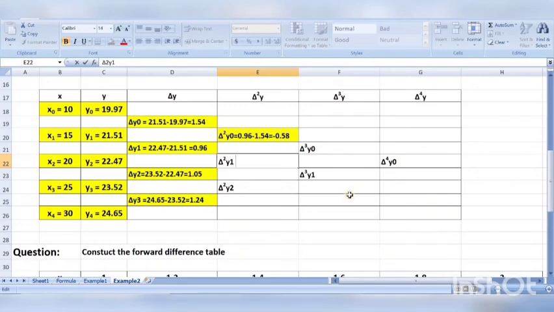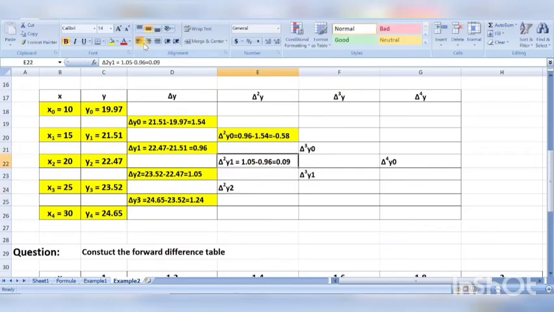So now delta square y1 means delta y2 minus delta y1. So this is equal to 1.05 minus 0.96. What is the value? It is 0.09.